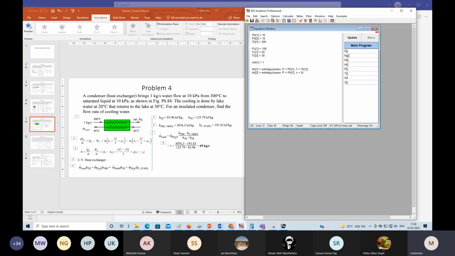Now the enthalpy of the cold inlet, at T equal to 30.